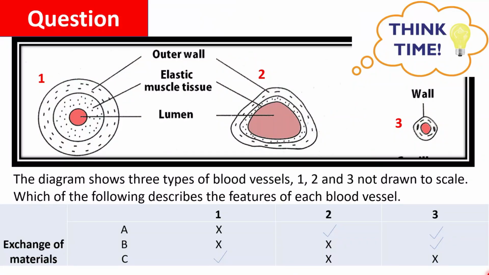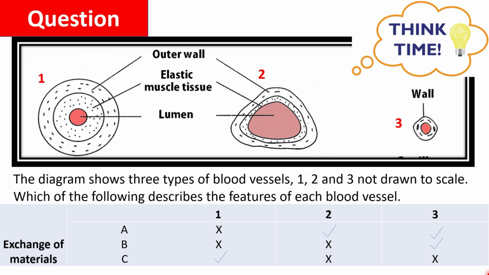Question number 2. The diagram shows three types of blood vessels, 1, 2 and 3, not drawn to scale. Which of the following describes the features of each blood vessel? There are three options. Option A says that the first blood vessel allows exchange of materials, and the remaining two don't allow exchange of materials.